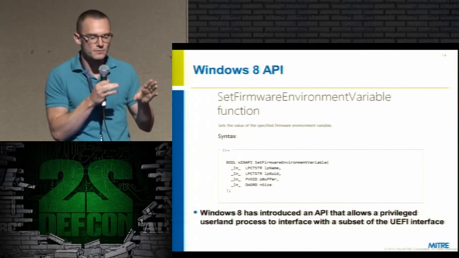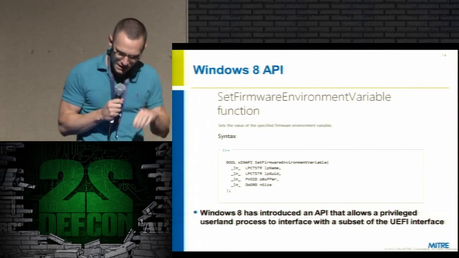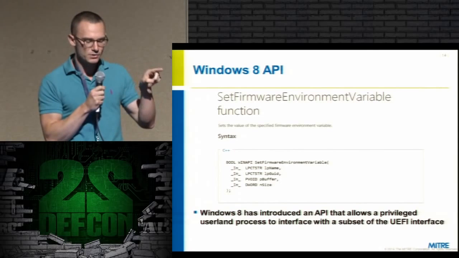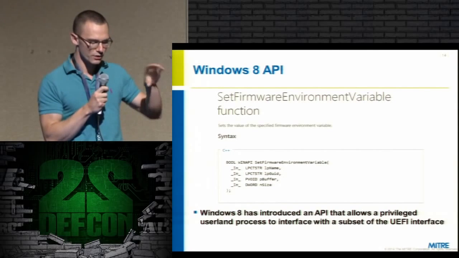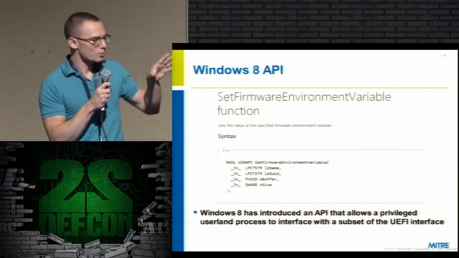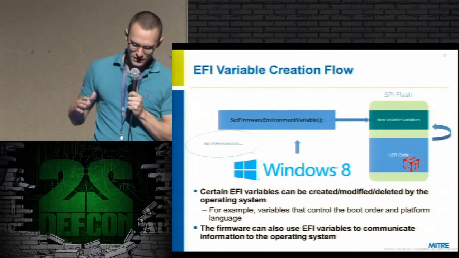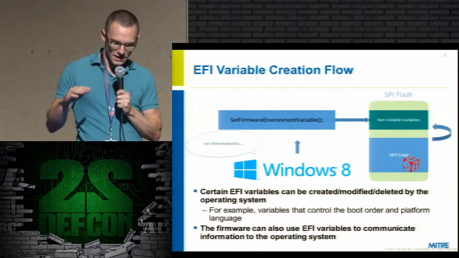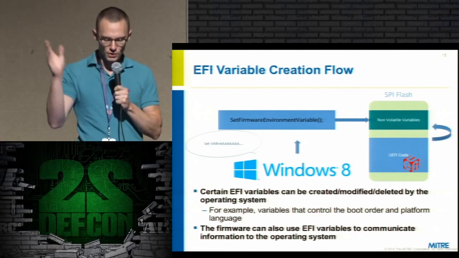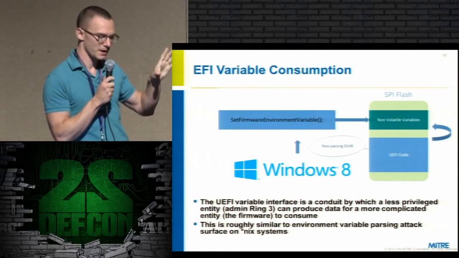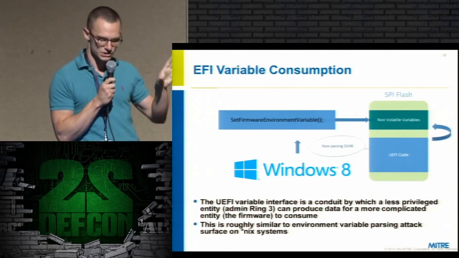There are all kinds of crazy environment variables in the firmware. Windows 8 has introduced an API that allows a privileged, so admin Ring 3, process to interact with many of these firmware variables. Essentially, Windows 8 can call this API and set a variable to whatever, and then many of these variables will be automatically parsed by the UEFI firmware when UEFI has control.